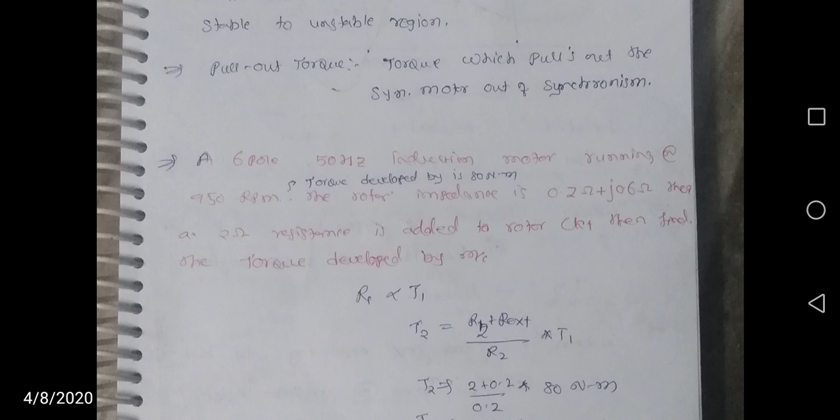The rotor impedance is 0.2 plus j0.6 ohm. A 2 ohm resistance is added to the rotor circuit. Then find the torque developed by the machine.